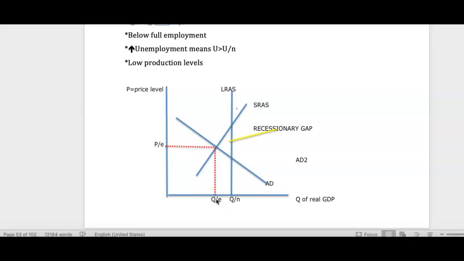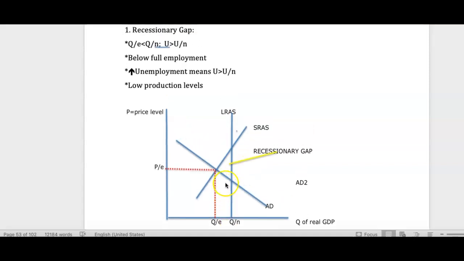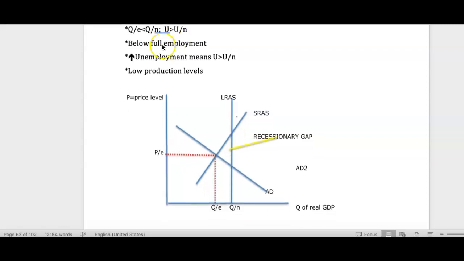So if we're not using all of our resources well and wisely, one of the main resources that we're not using is labor. So here, if our equilibrium rate in actuality is less than our potential, then that means the unemployment rate is greater than the natural rate of unemployment. So we are below full employment.